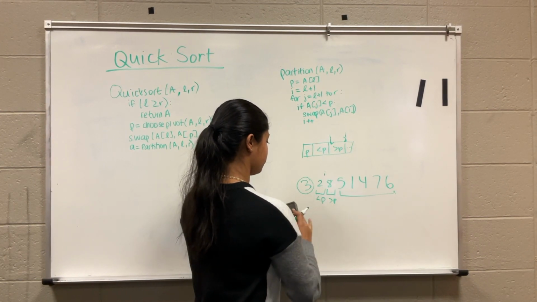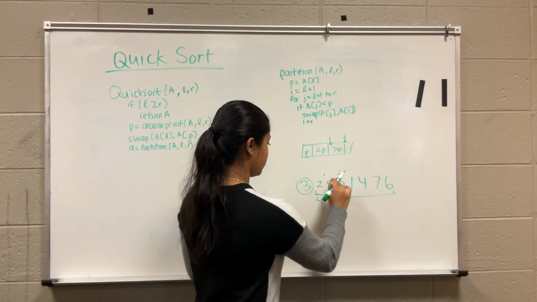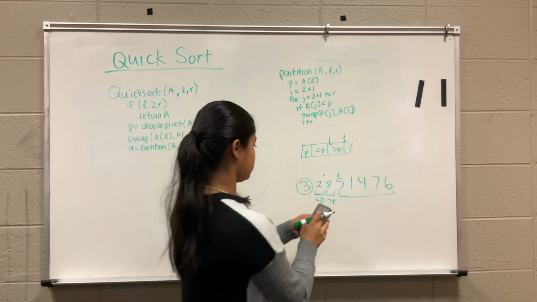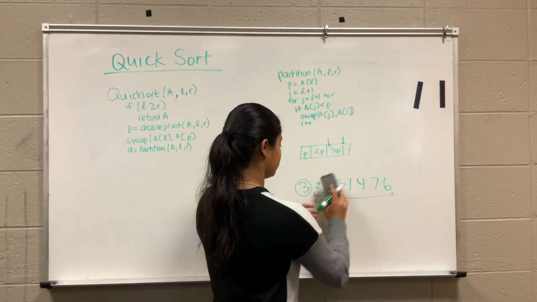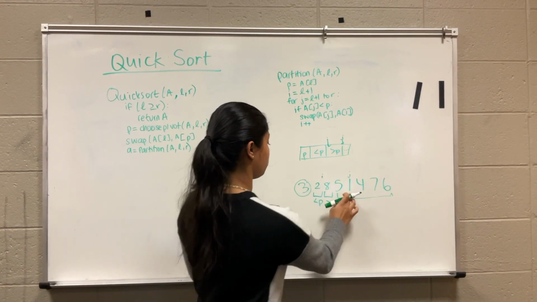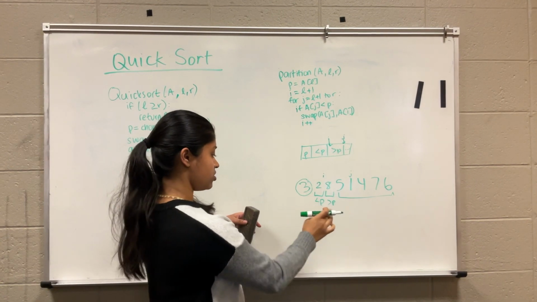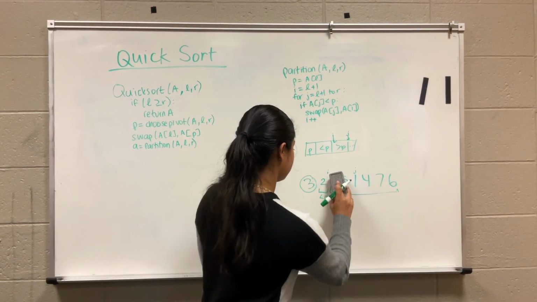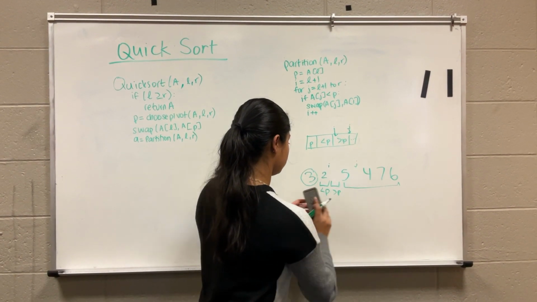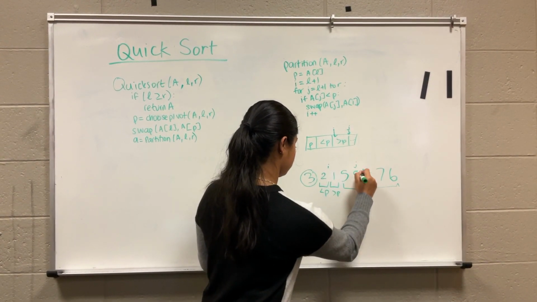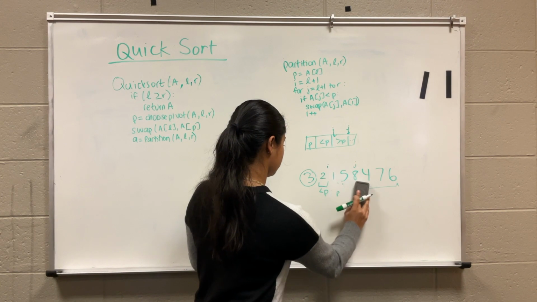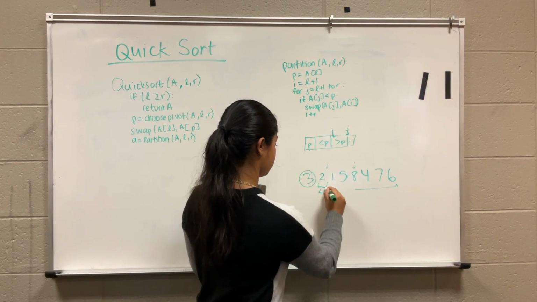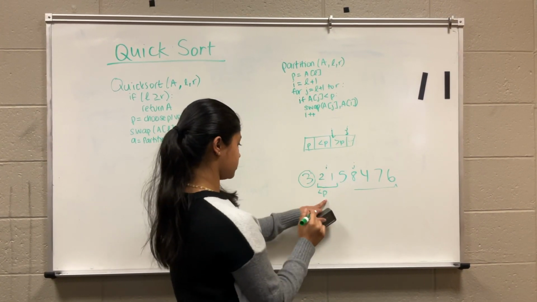So then we're going to move on. The j is going to move to the 5, and then 5 is greater than 3, so it doesn't really do anything. Then we have j at 1. 1 is less than 3, so we're going to do our swap here. We're going to swap it with this 8. And so now this is where our less than p is.